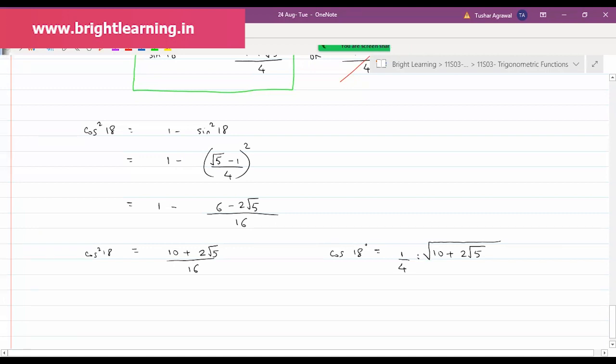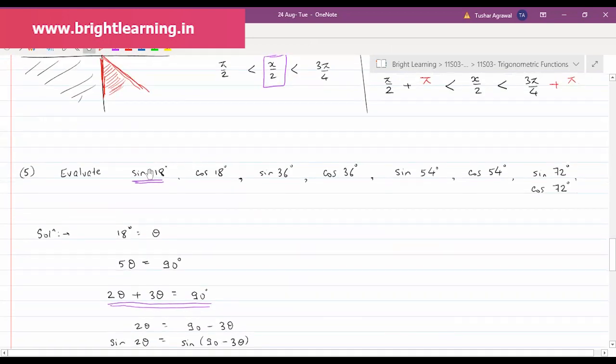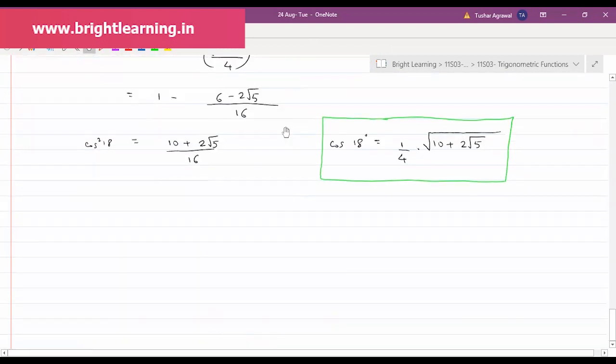We will discard the negative sign because cos 18 has to be positive in the first quadrant. Negative of under root, forget it. This part is also clear. Now the next thing that I told you: sine 18 is done, cos 18 is done. Sine 36, cos 36.